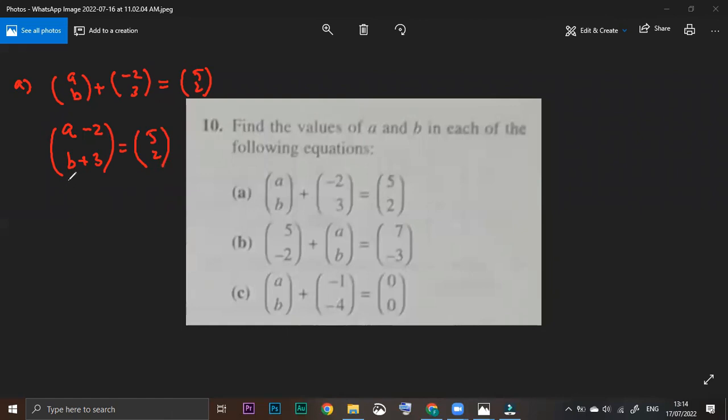Now, as these two vectors are equal, the horizontal and the vertical components should be equal. A minus 2 is equal to 5. From this one, we will get A is equal to 7. And from the vertical components, B plus 3 is equal to 2, B is equal to minus 1. These are the values of A and B.